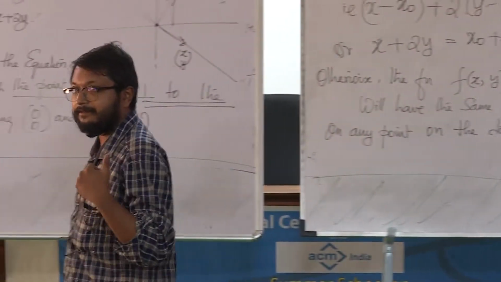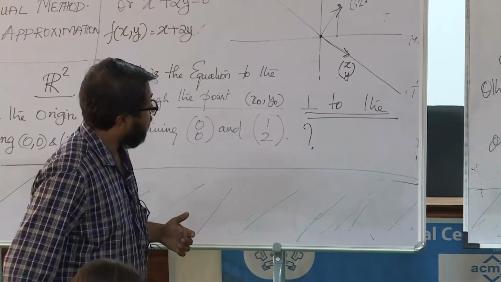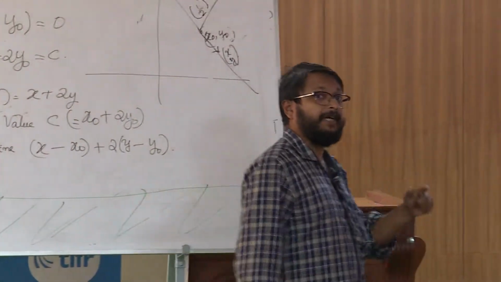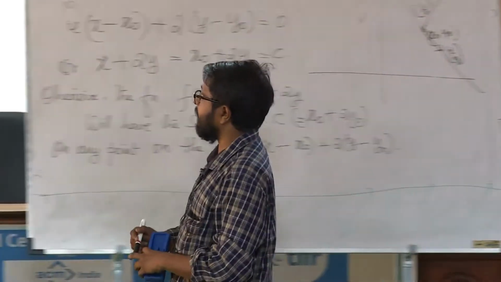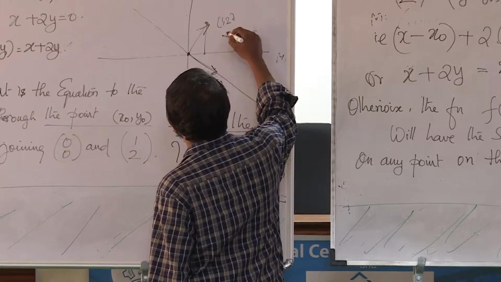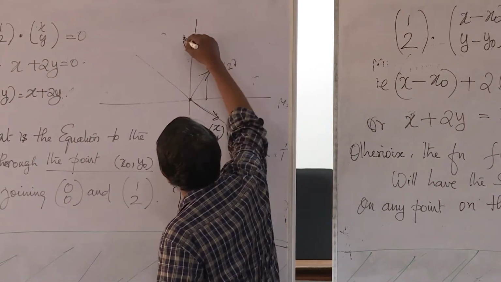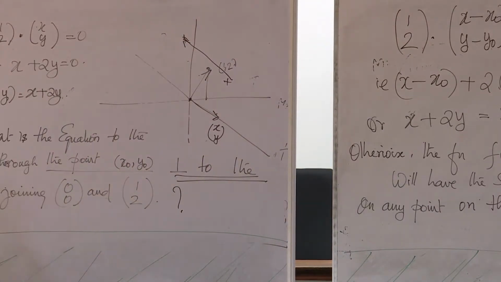So, for example, now is the other way true? If a linear function has the same value at 2 points, can you say that these 2 points are parallel to this? Is that true?